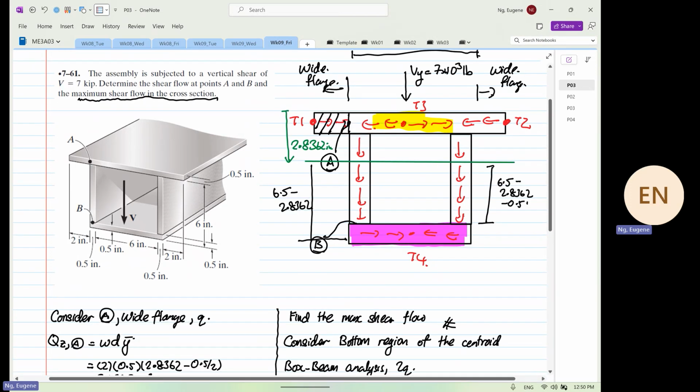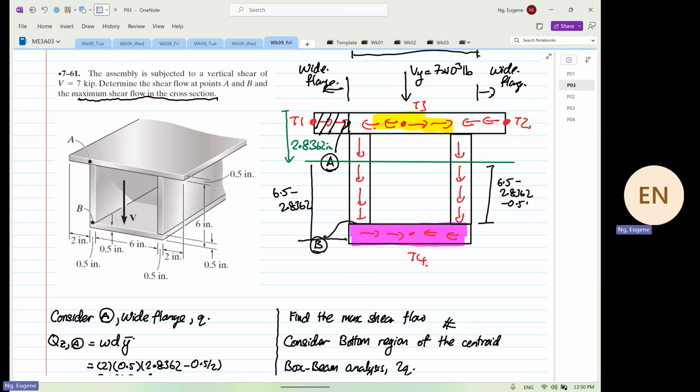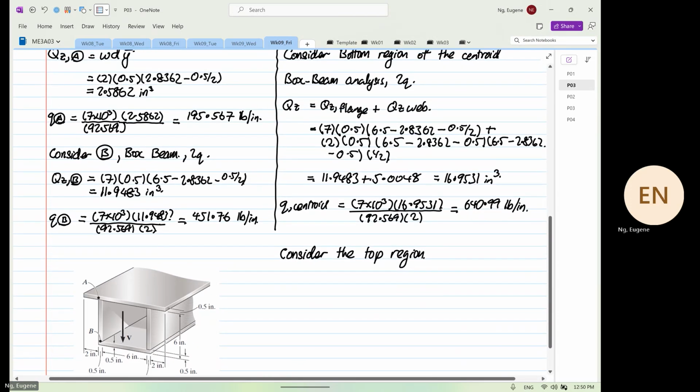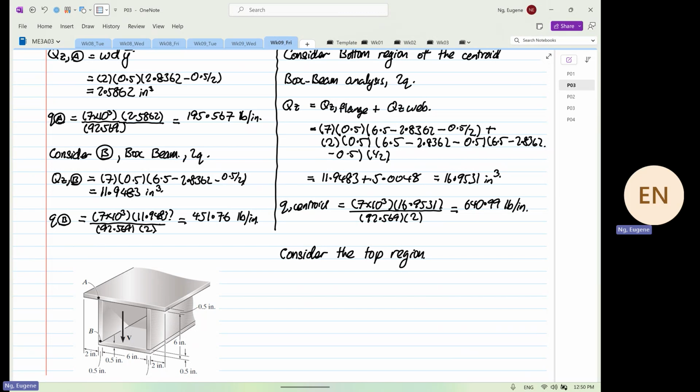Before you try, you need to know the absolute answer, what is correct. We found that the correct answer is Q should be 16.9531 if you take from the bottom. Be clear. So I'm going to try.